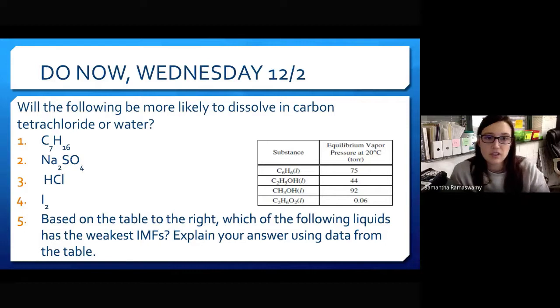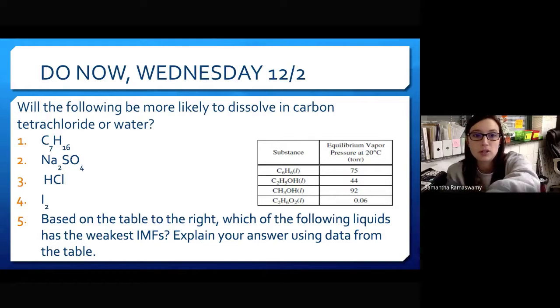C7H16 is a hydrocarbon, and so it's nonpolar. If C7H16 is nonpolar, it's more likely to dissolve in a nonpolar solvent because they both only have dispersion forces as their strongest intermolecular force. And so that's why nonpolar solutes will dissolve in nonpolar solvents.